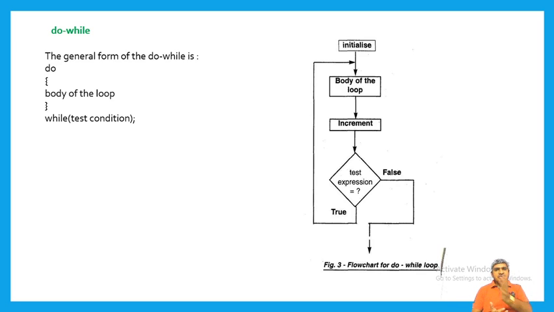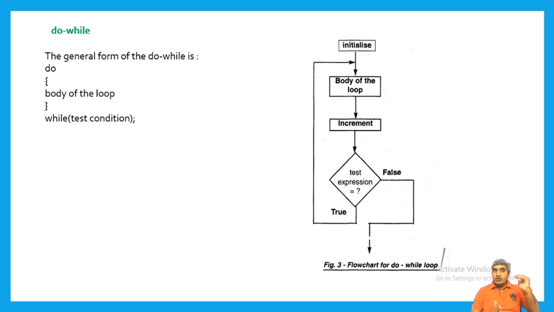Now if we consider the flowchart, first initialize, then the body of the loop is executed, then increment a particular integer or something, then test the expression or condition. If it is true, again the body of the loop is executed, but if it is false, then execution of the program goes outside the loop. So very simple.